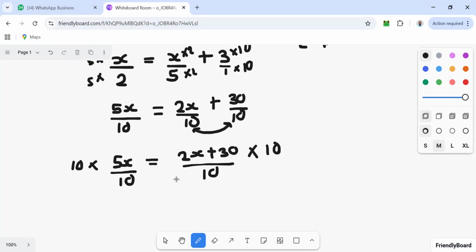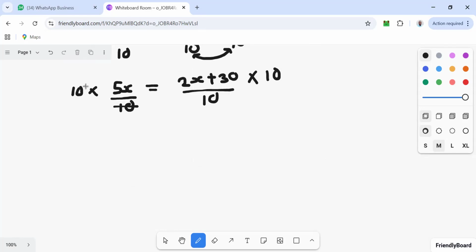Like this. So this 10 and that 10 will cancel out, and I'll be left here with 5x is equal to 2x plus 30 on my right side. All right, then after this, I'm going to simplify.